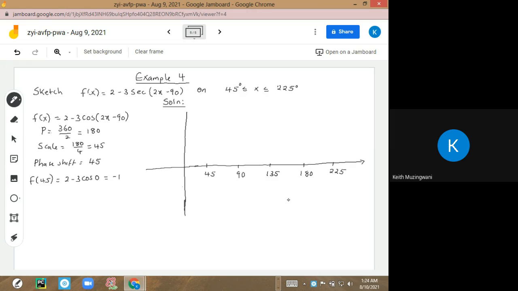So we have 45, -1. What is f of 90? You get 2 minus 3 cos 90. Cos 90 is 0, so we get 2. So we have 90, 2.